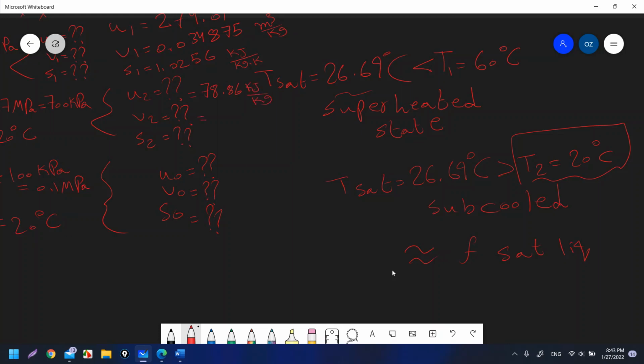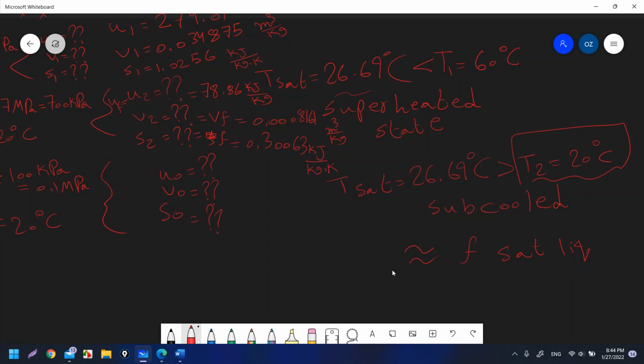V2 will be, of course, all of them equal VF, U2 equal to UF, S2 equal to SF. VF equal 0.0008161 meter cubed per kilogram. SF is 0.30063 kilojoule per kilogram Kelvin.